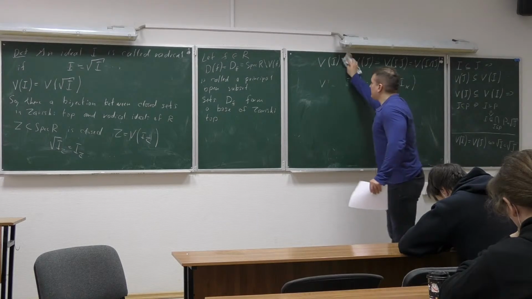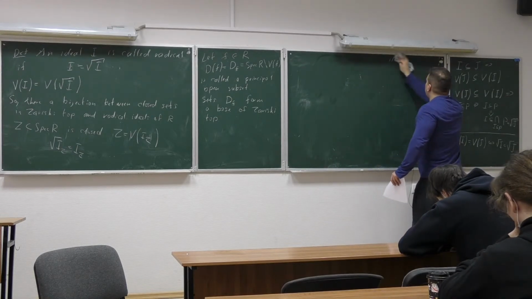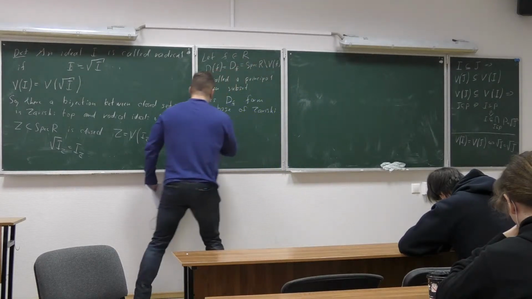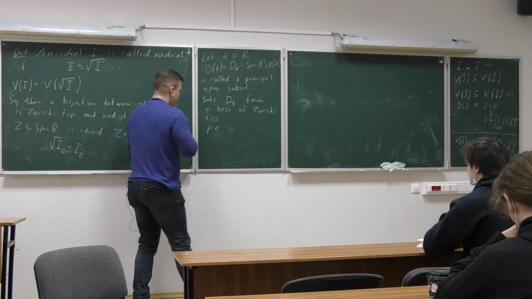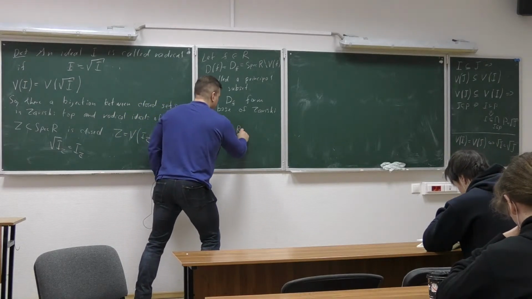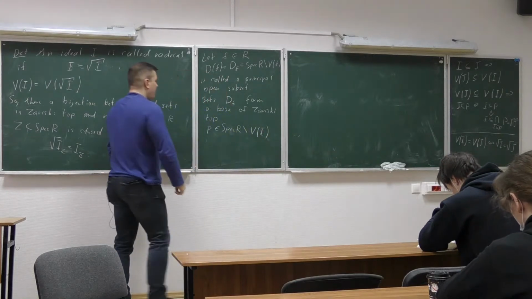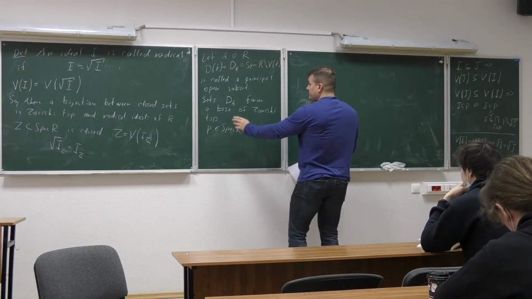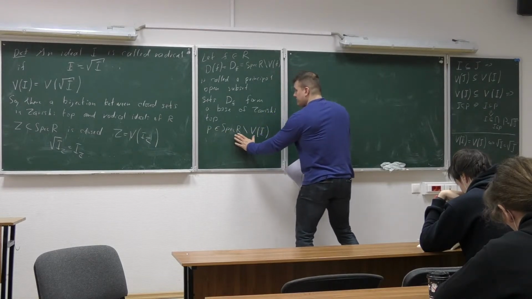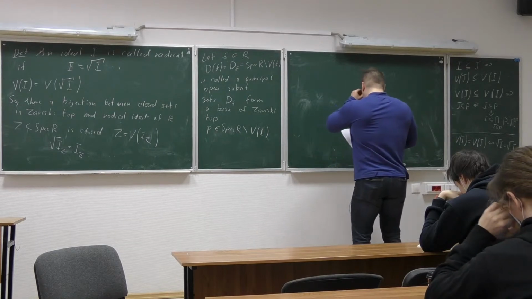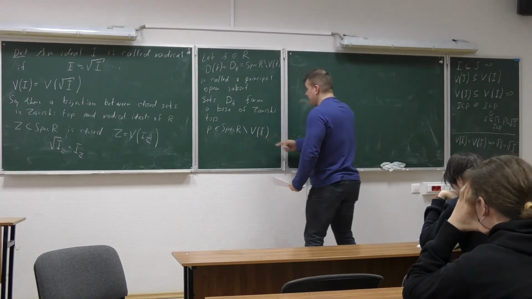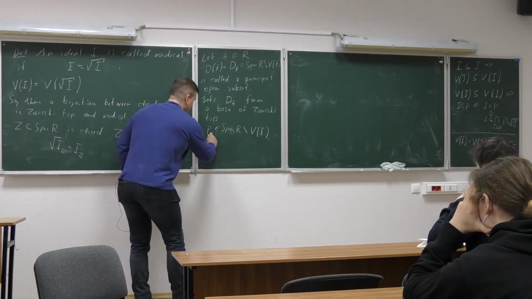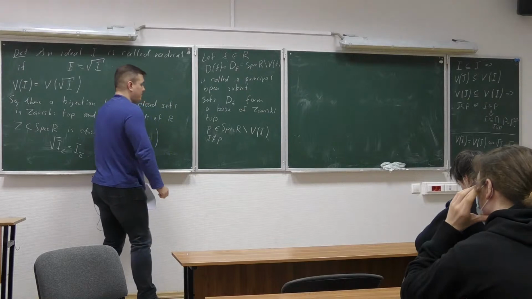To check that this is a base of the Zariski topology, I need to check two properties. First of all, I want to show that if I take any point, and this point is inside some open subset, so this is in the spec R minus V of some I, then I can put a principal open subset as a neighborhood of P, and this open subset will also be inside this open neighborhood of P. If you just look at this condition, it means that this prime ideal P doesn't contain I, right?